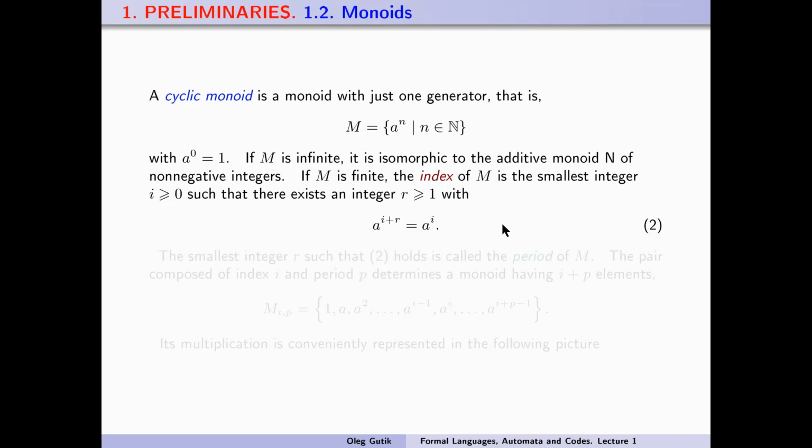What do we have when M is a finite monoid?